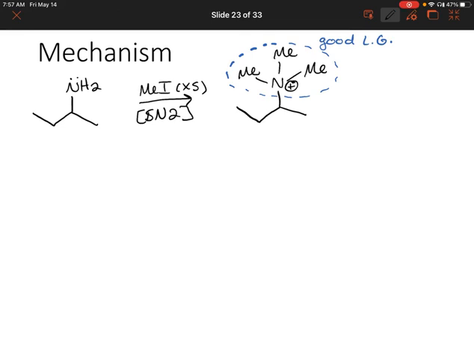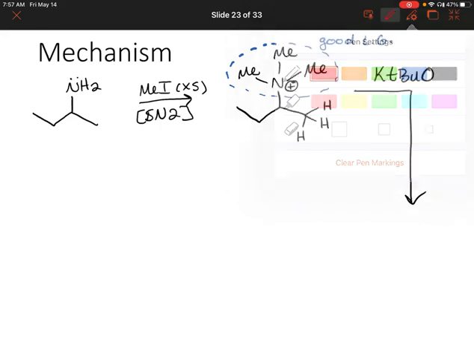The first one we're more familiar with, so we could just use potassium tert-butoxide, and that's going to take a proton from our methyl group on the end of the molecule, and then we'll form a double bond, and our leaving group will leave.